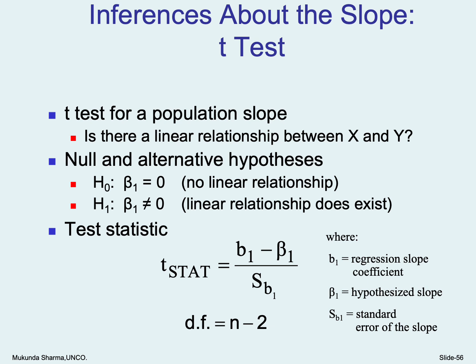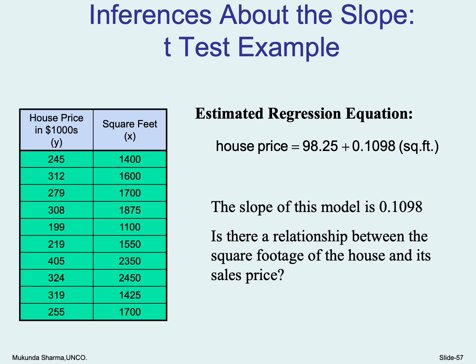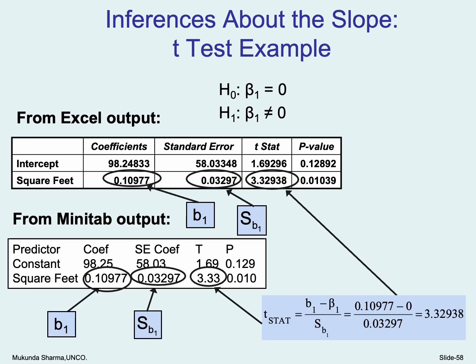We use a t-test here, and what we say is that in H0 there is no relationship between x and y, and in H1 we say a linear relationship exists. So we have the value of b1 here, 0.1098, and using this value we can find the t statistic, which is 3.329.